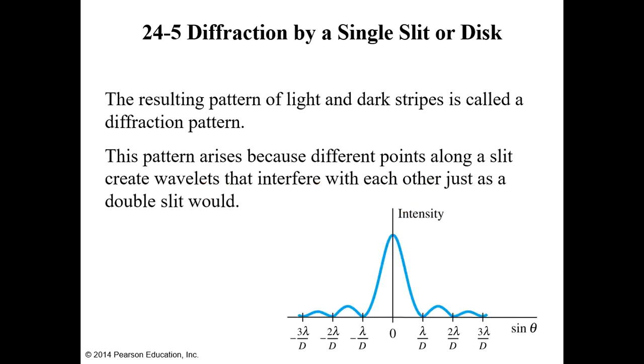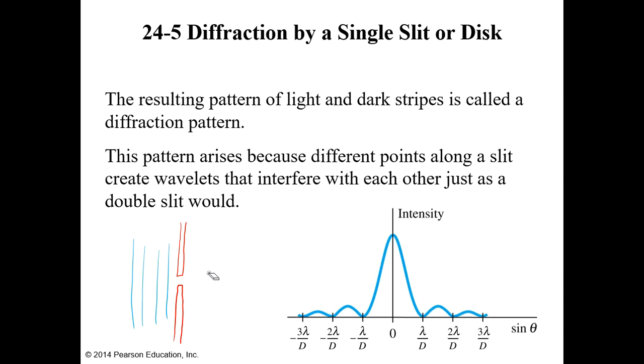Here's another interesting one where you have light that passes through just a single slit. Let me redraw that so it's a little bit nicer. There we go. So light comes through and passes through a single slit. And because of diffraction patterns, this is how we saw it before.